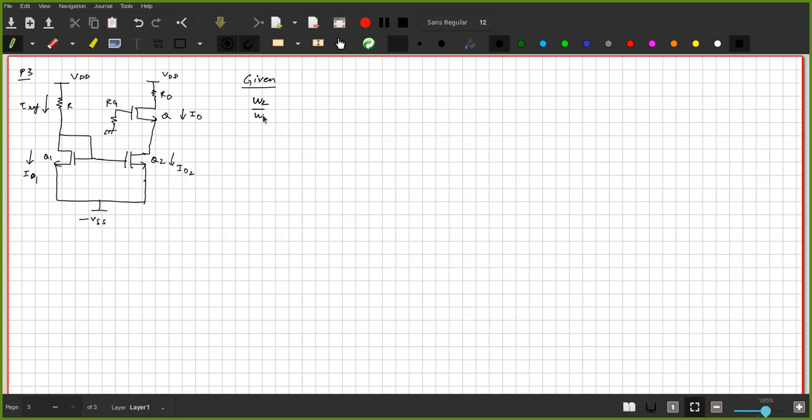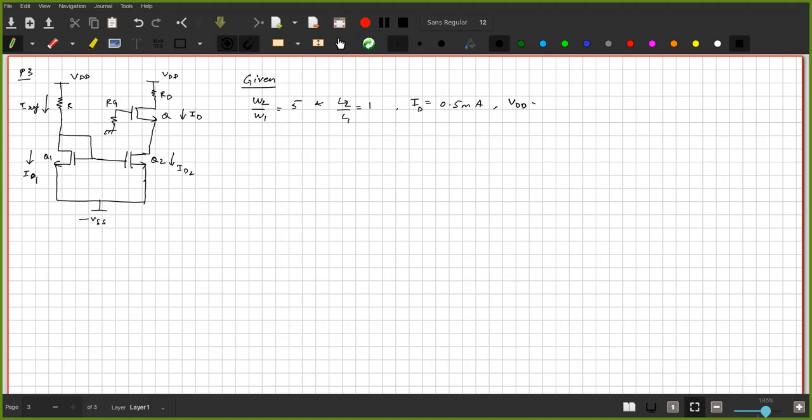W2 by W1 is 5 and L2 by L1 is 1. That is basically saying that lengths are same. I is 0.5 milliamperes. Okay. Now I, the current ID, is 0.5 milliamps.